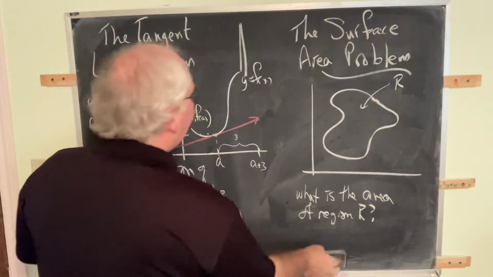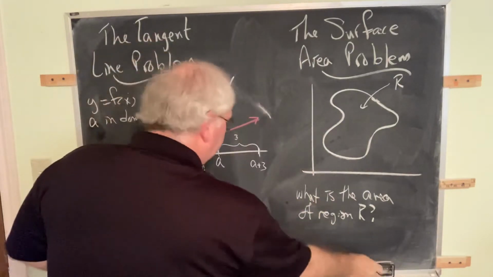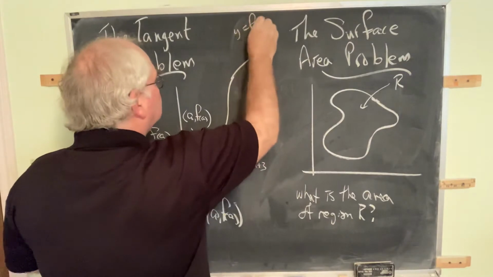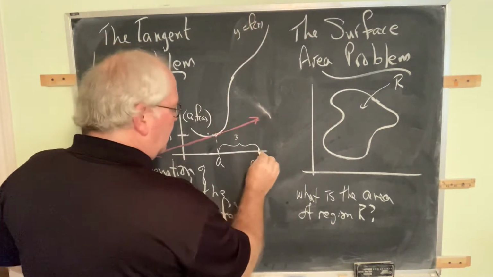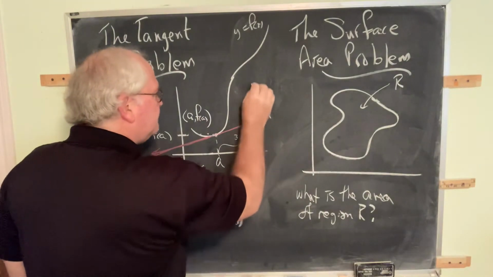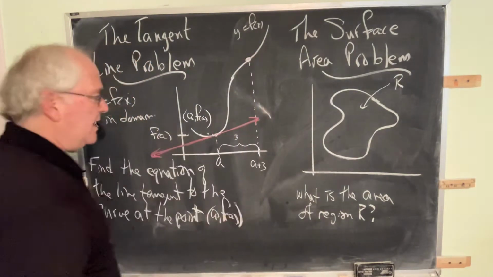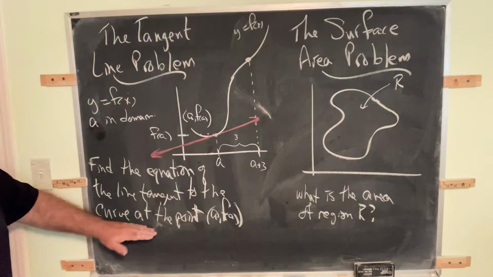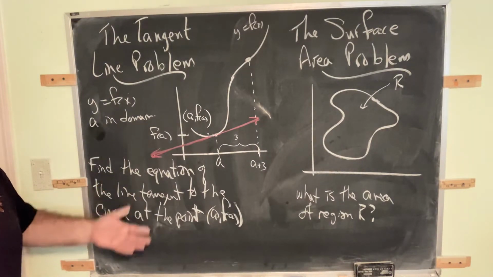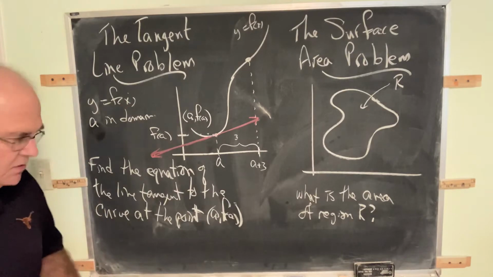Now I'm going to fix my little picture up here. All right. Well, if I have that number, then what I have is another point on the line. See, what's the big issue about finding the equation of the tangent line? You might think, well, what's the big deal? Just find the equation of the line. Well, here is the issue.